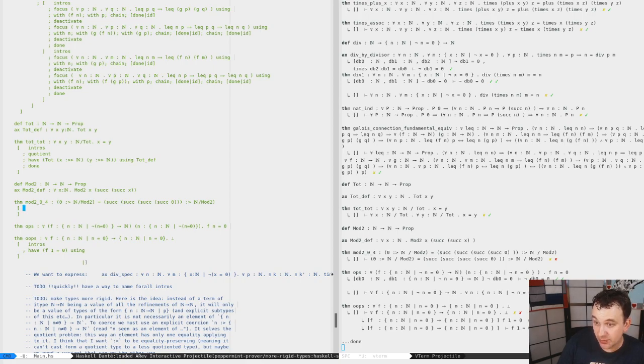The problem is that we want to be able to reason that this commutes with successors somehow. Like, well, I want to do that. I want to do two proofs really.